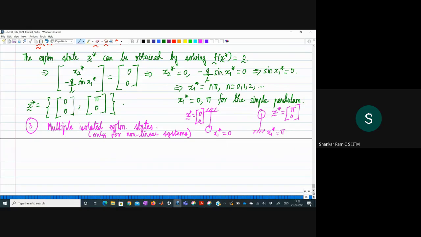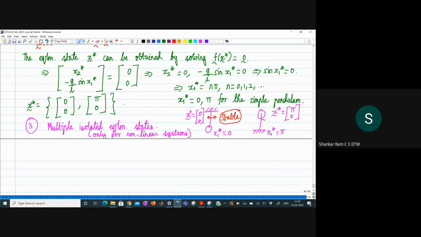Now, if we look at this nonlinear system as an example, what can we immediately tell? Going back to the example of the simple pendulum, we can immediately say that if I tap this pendulum, it is going to oscillate around the equilibrium state. So intuitively we'll say this scenario is stable, because we are talking at an intuitive level.